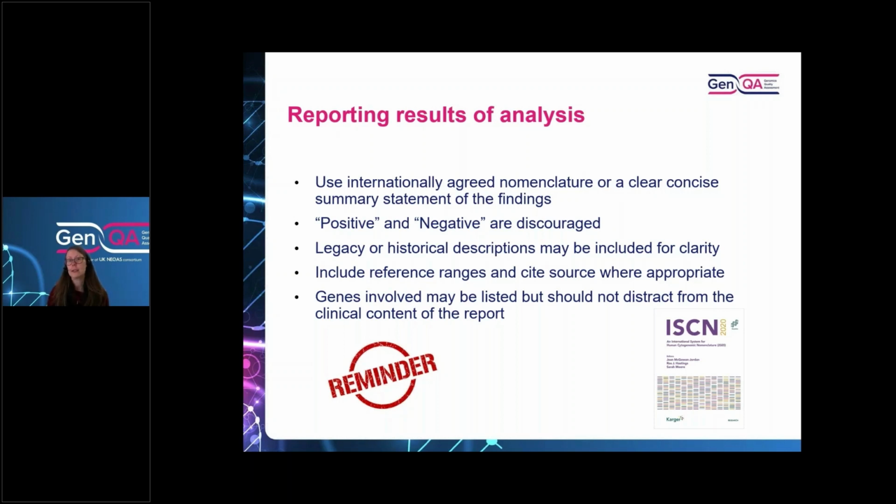Although scientists may understand it, some more than others, sometimes you just wouldn't expect a clinician or other healthcare workers to be able to understand the nomenclature. So the result needs to be written in a clear way, and if nomenclature is used, it needs to be described in words as well, so that everybody reading the report can understand the result.